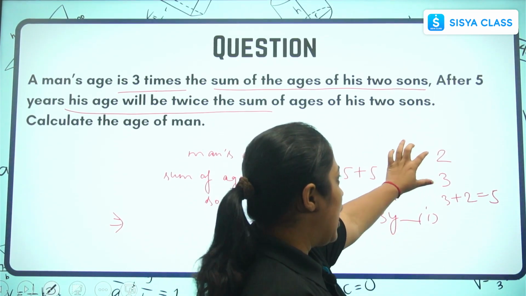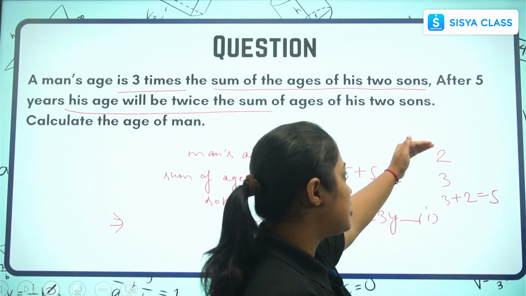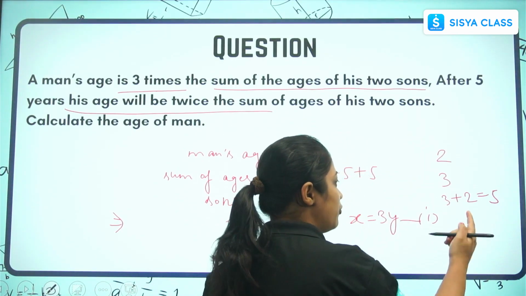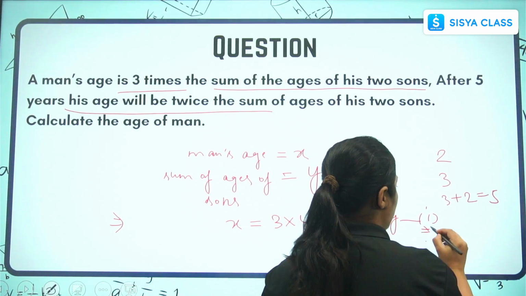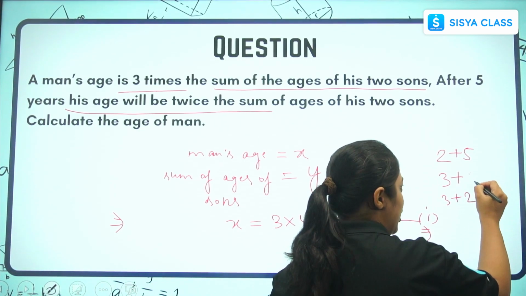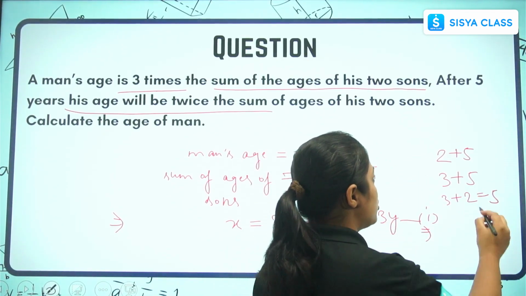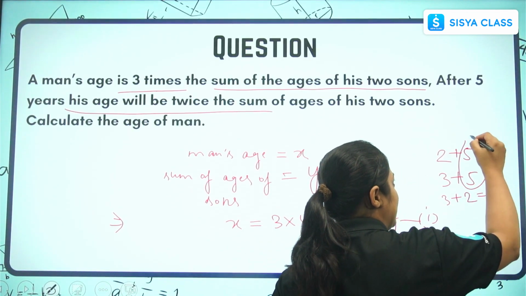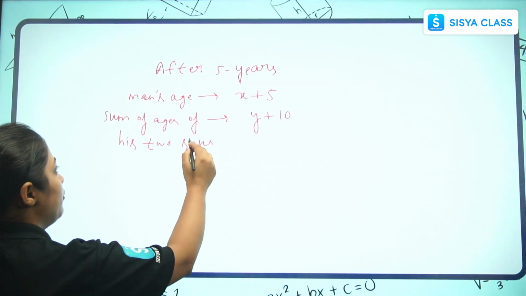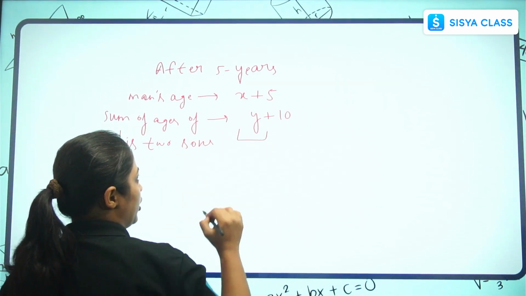Now if I ask you the sum of your age and your sister's age after 5 years, what will you do? You will add 5 to your age and add 5 to your sister's age, right? So in total you are adding 10 to your ages. Similarly here we will add 10 to the sum of ages.